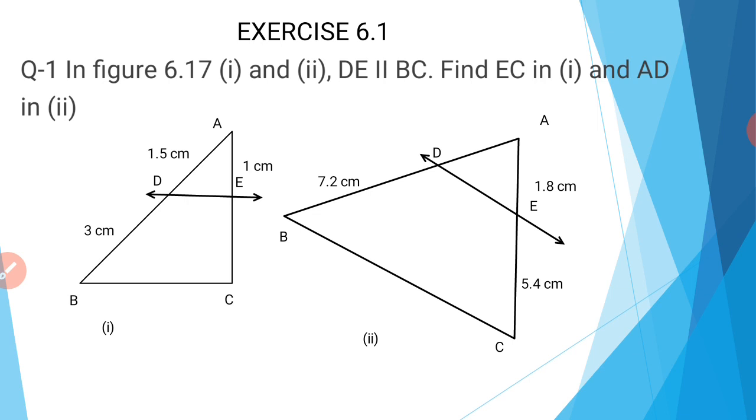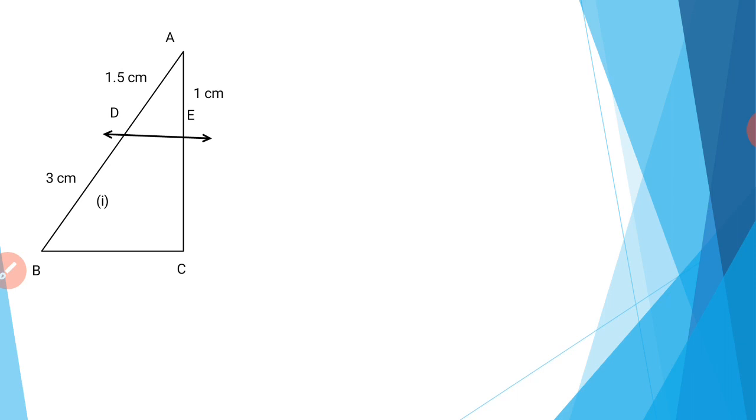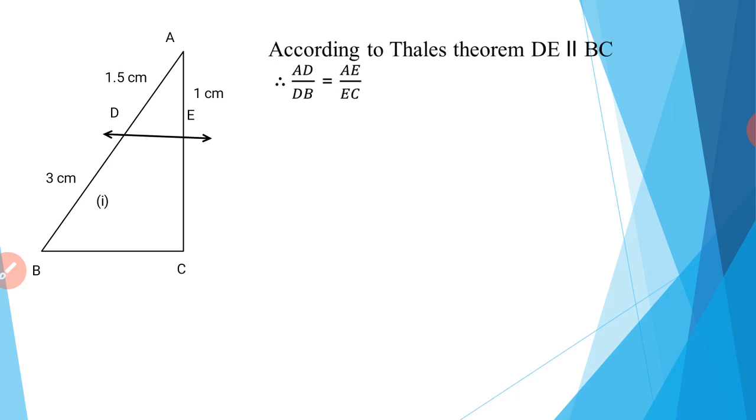In figure number 2, AD is to be found, DB is 7.2 cm, AE is 1.8 cm and EC is 5.4 cm. So let us see.